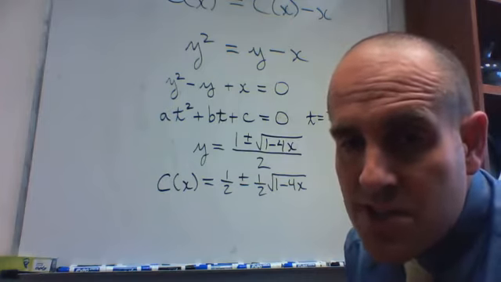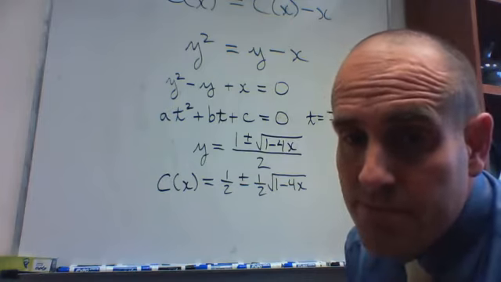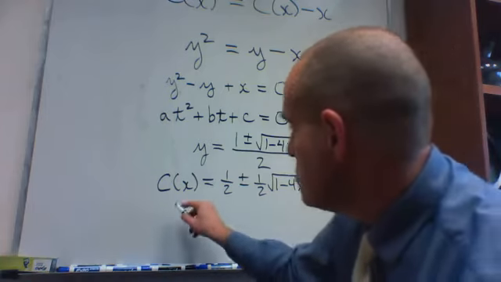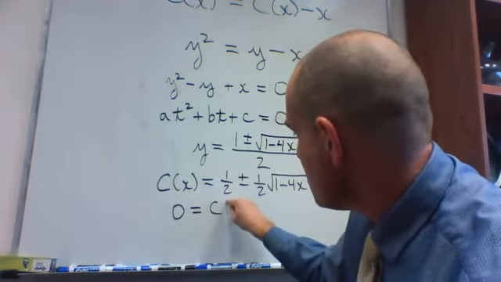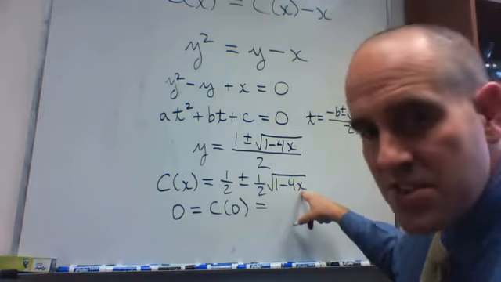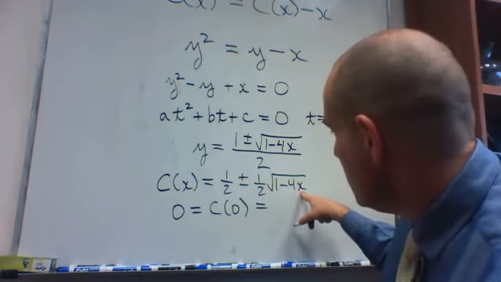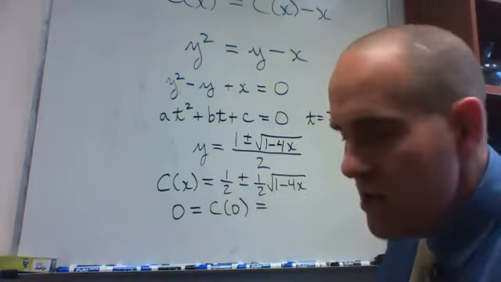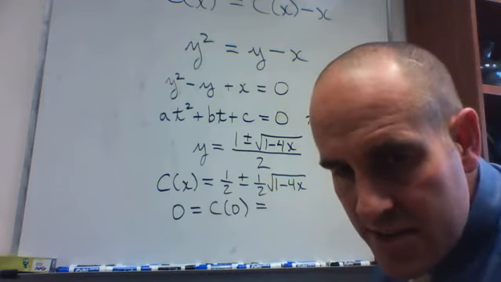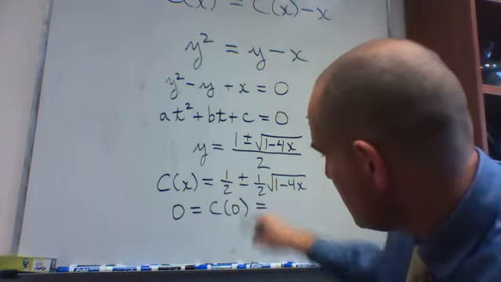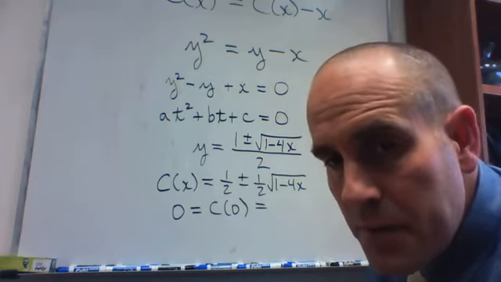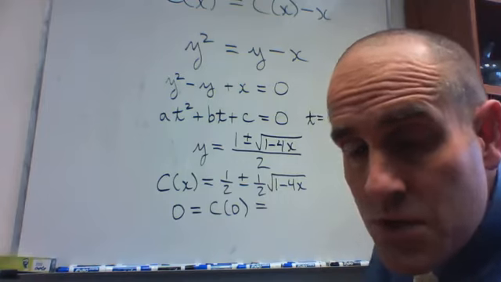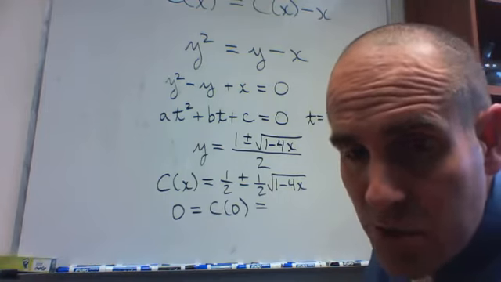So if I plug in x equal to 0, I should get 0. Okay? So you know that 0 equals C of 0. And which of these is it going to be? If I plug in x equal to 0, if I took plus, I would get 1. Do you see that? If I took the positive one, I would get 1. So that's no good. I want to get 0. So that means I need to take the minus and not the plus.